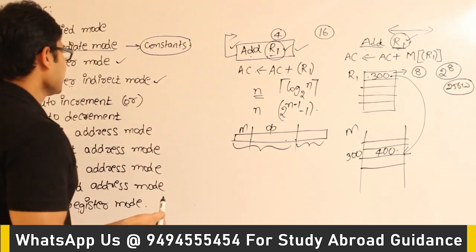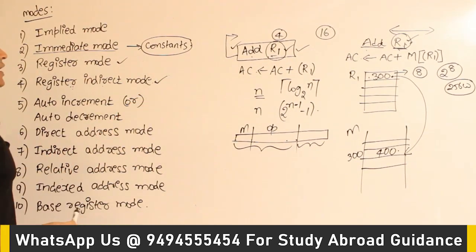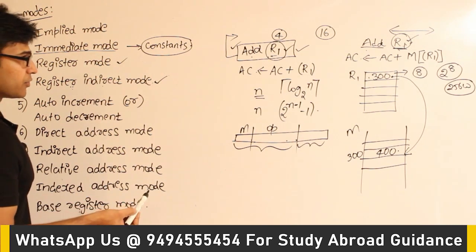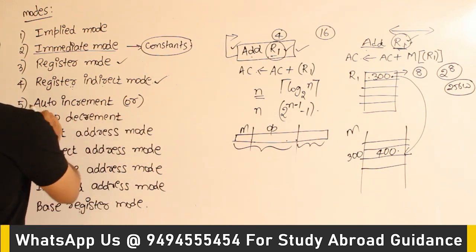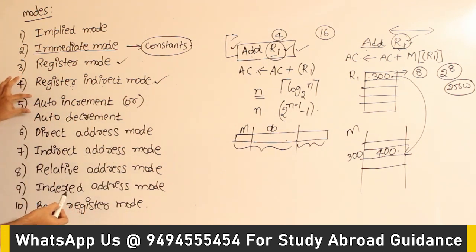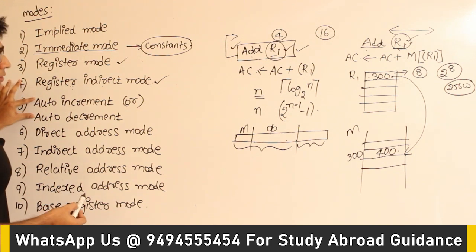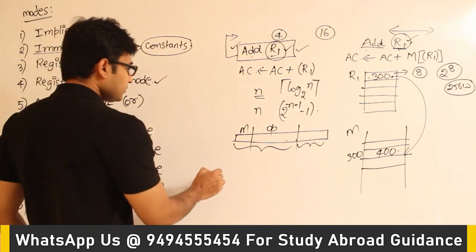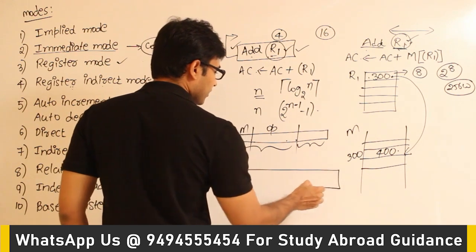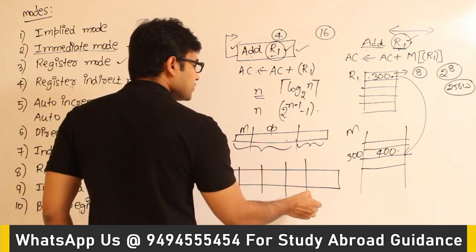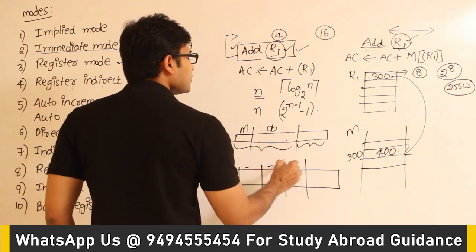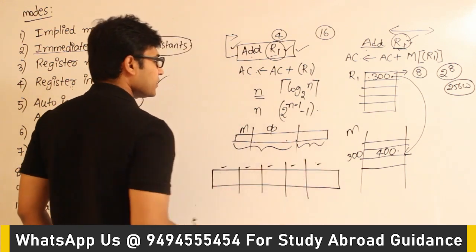Along with this register indirect mode, some architectures and computers also include a special type of mode called auto increment and auto decrement. Let us say we have a table of data and our program needs to access all the values in this table one after the other.